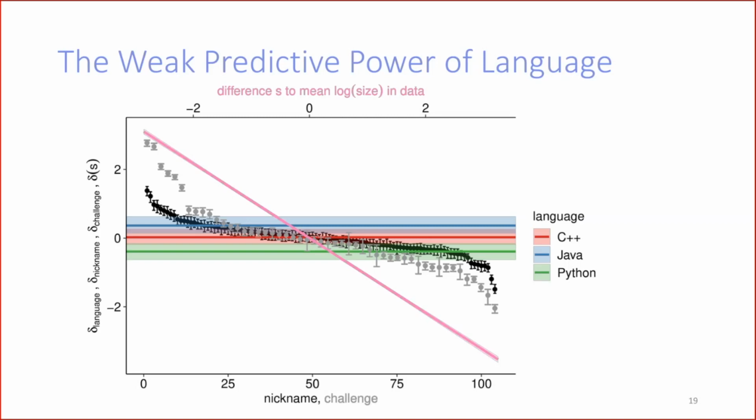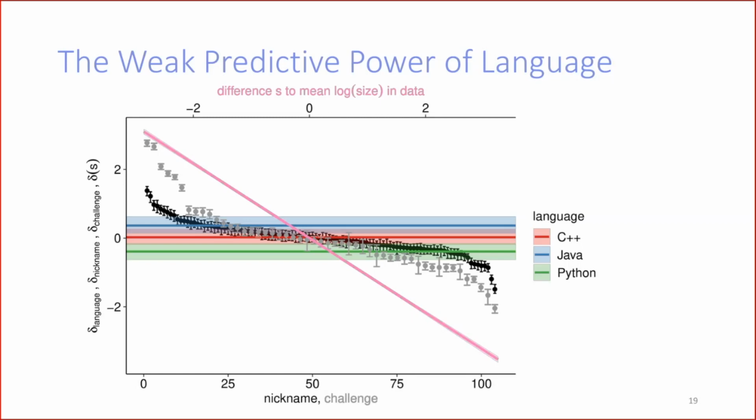If we go from the worst participant to the best participant, we can have an effect that is roughly twice as big as the change in the programming language. And if you look at the coefficient associated with each challenge, a different problem, we can go from the hardest to the easiest challenge, which is more than 4 units on the same scale.